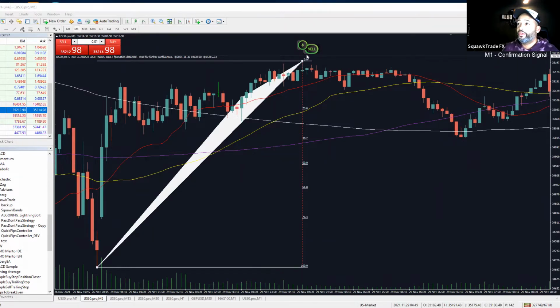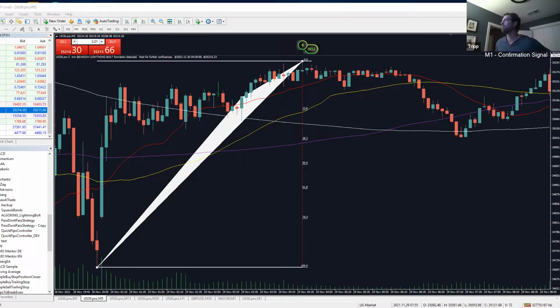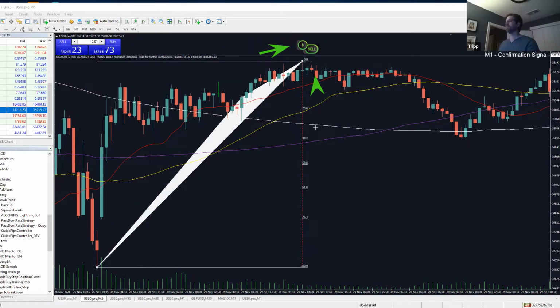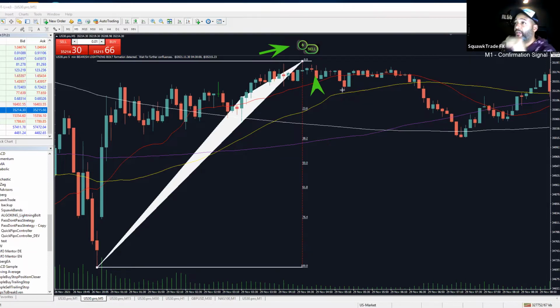Although the lightning bolt is here, it did not actually print until probably this bar. There could be pros and cons to that depending on your style of trading, but probably that bar.